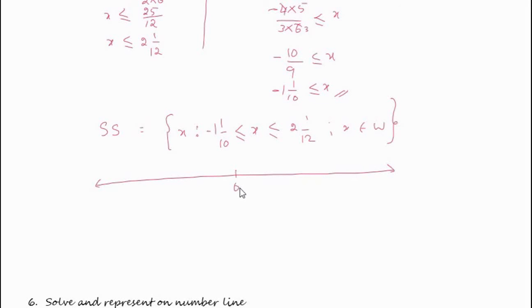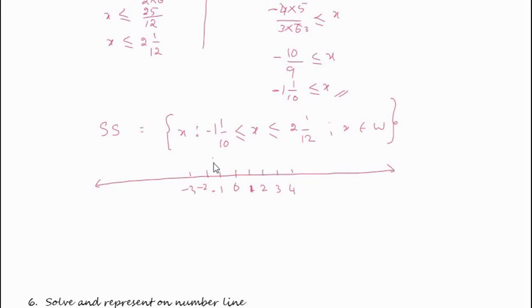This is 0, 1, 2, 3, 4. This is minus 1, this is minus 2, this is minus 3. So now x is greater than or equal to minus 1 1 by 9. First let me represent minus 1 1 by 9.